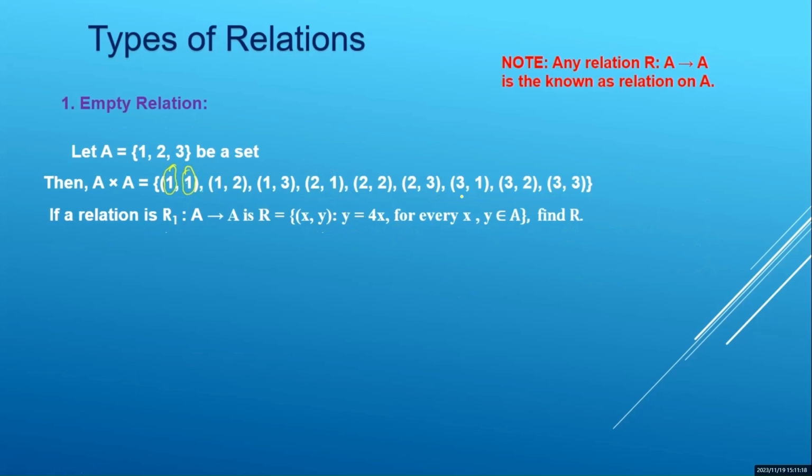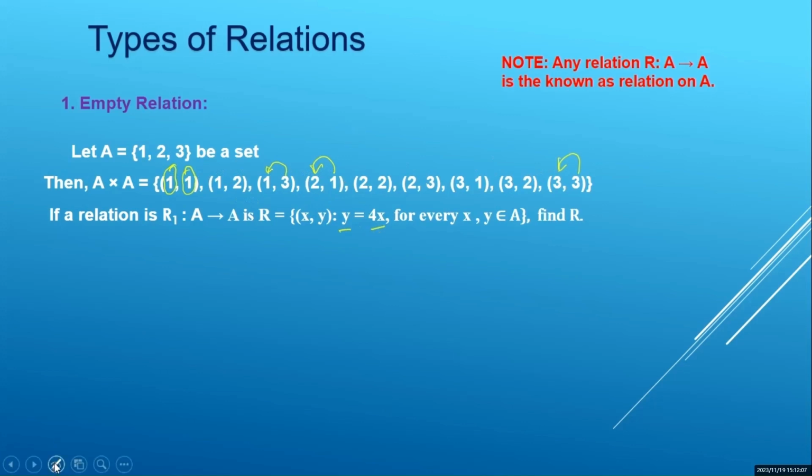In any ordered pair here, is the second component y 4 times greater than the x component? (1, 1), (1, 2): 2 is not 4 times 1. (1, 3): 3 is not 4 times 1. Similarly, 3 is not 4 times 3. So this relation is not possible. That means there are no such ordered pairs in which the second number is 4 times the first number.